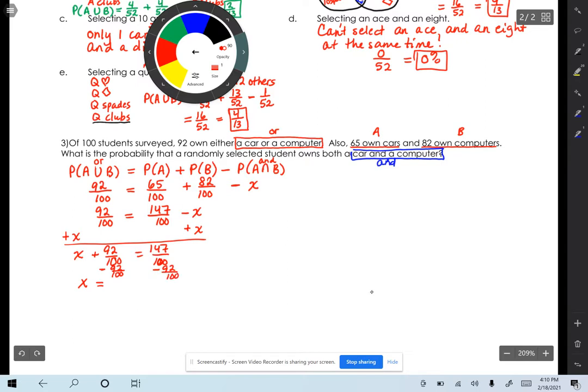And we have x equals 55 over 100, which is our probability. So the probability of A and B is equal to 55 over 100, which as a decimal is 0.55.